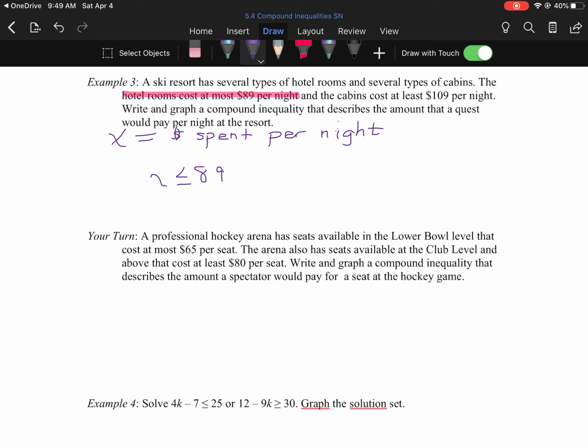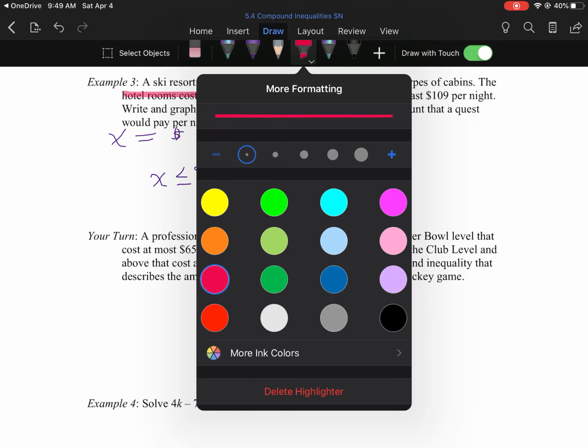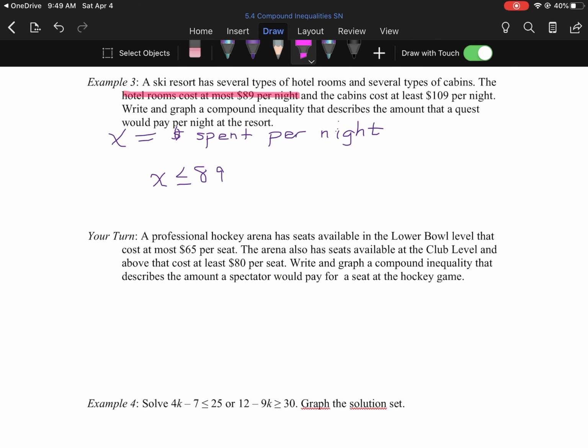So that means $89 is the most I'm going to spend. So that means x would be less than or equal to 89. And then we have the cabins cost at least $109 per night. So if it's at least, that means we could end up paying more than $109.